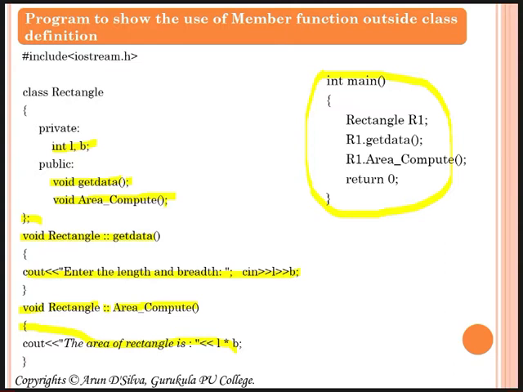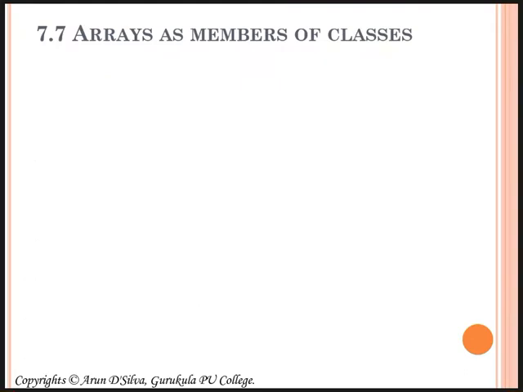So let me go to the next concept, that is array as a member of a class. Can we have arrays as members? Yes, of course, it's possible. We have seen in normal C++ programs we used arrays as variables.